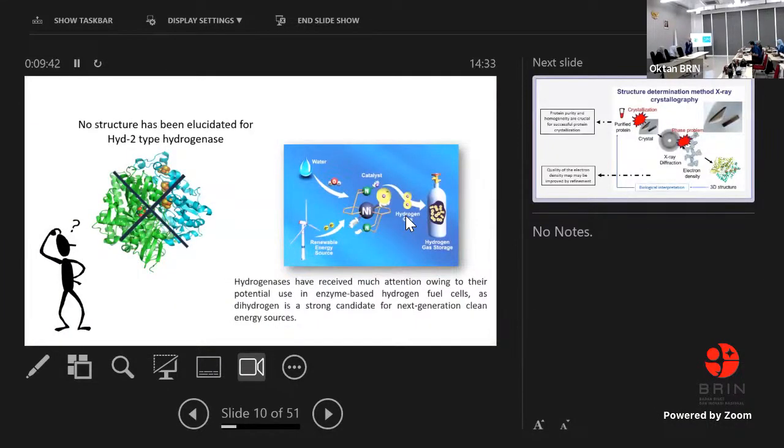So far, no structure has been elucidated for a Hyd-2 type hydrogenase.